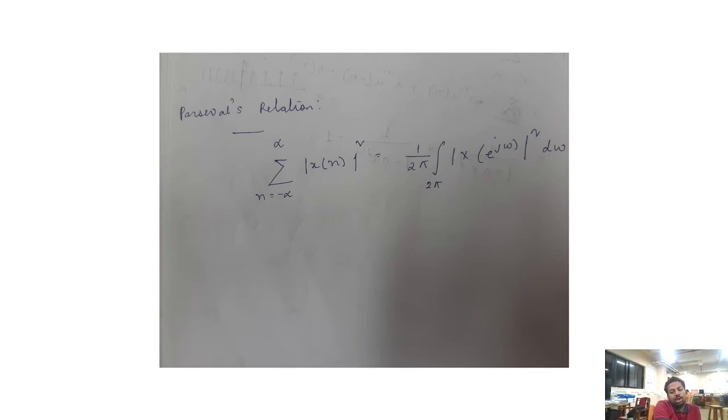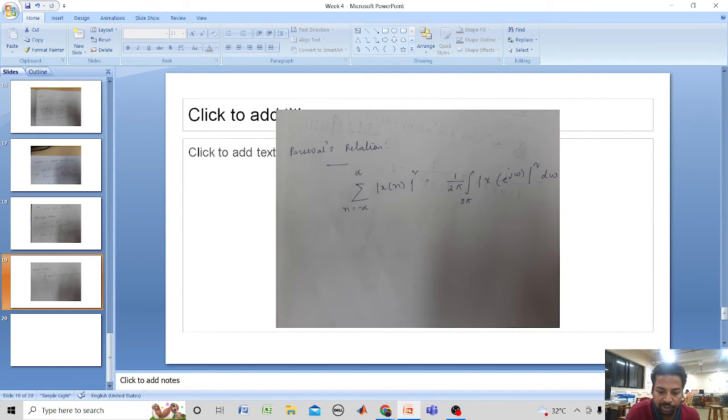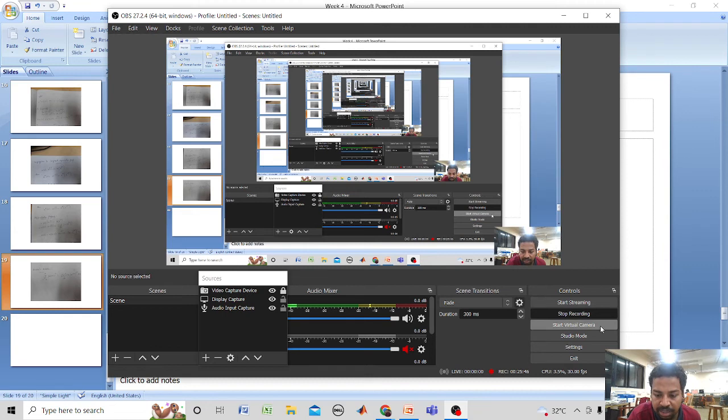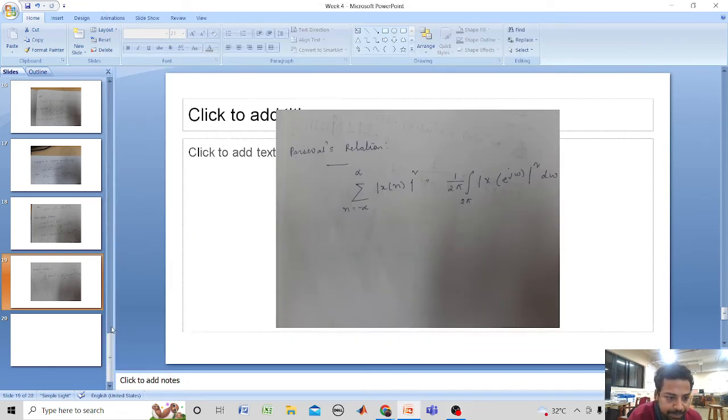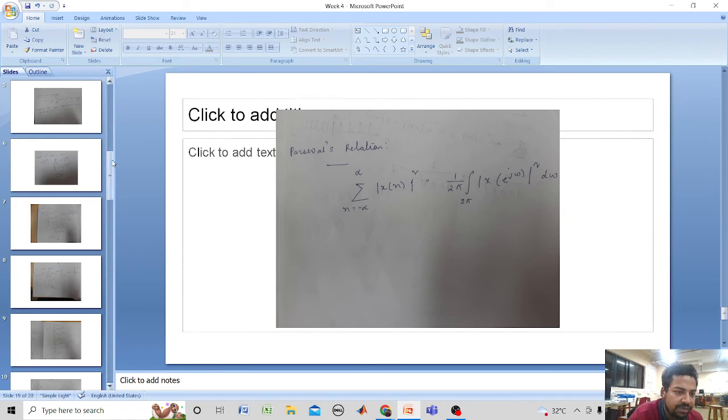The summation from n equal to minus infinity to infinity of |x[n]|² is equal to 1/2π times the integral over 2π of |X(e^{jω})|² dω. So this is Parseval's relation. Then we will solve a couple of the problems that we left in the beginning.